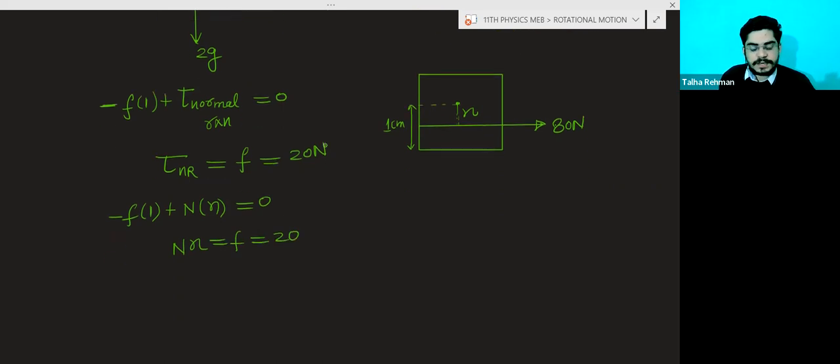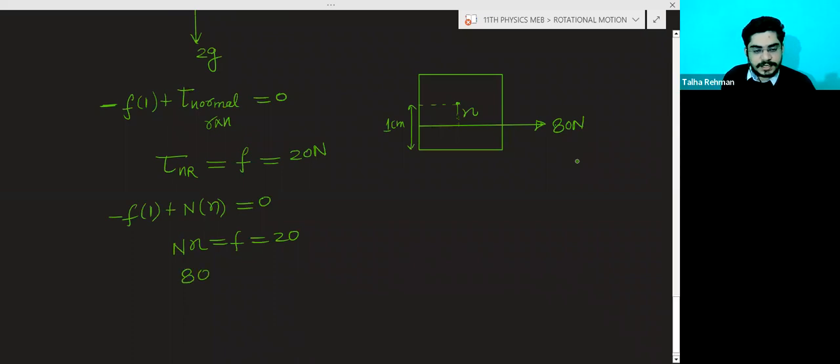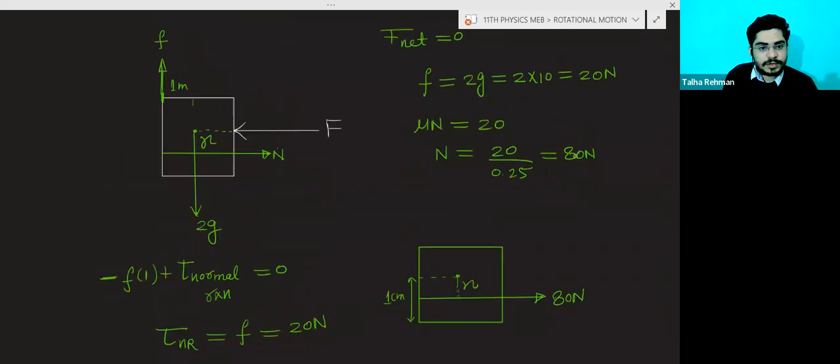N is 80, so x is equal to 20 by 80, which is 1 by 4, so x is 0.25 meter. If they are asking for x, you can also find the value of x.